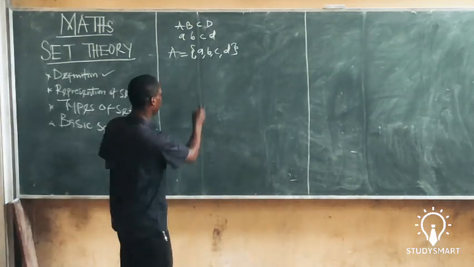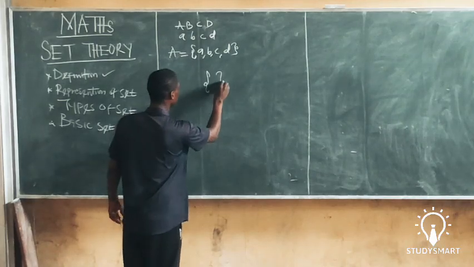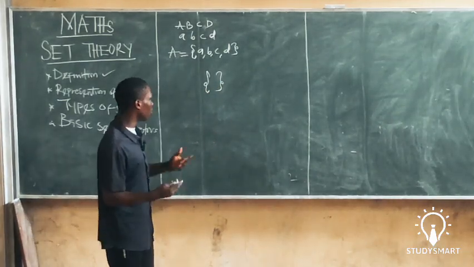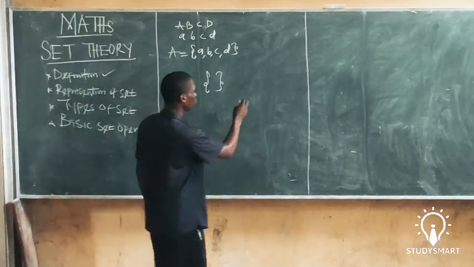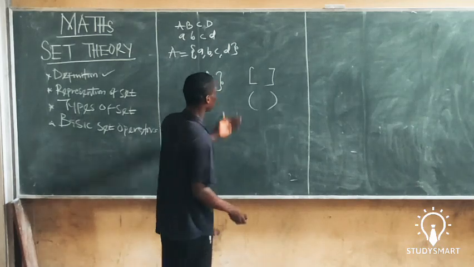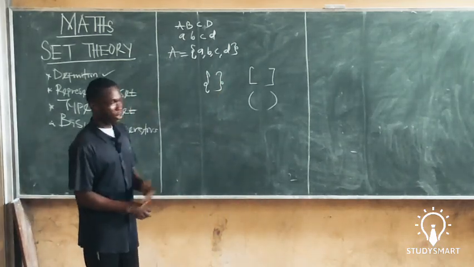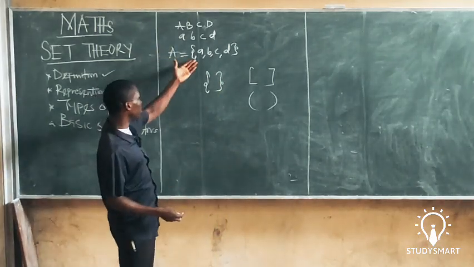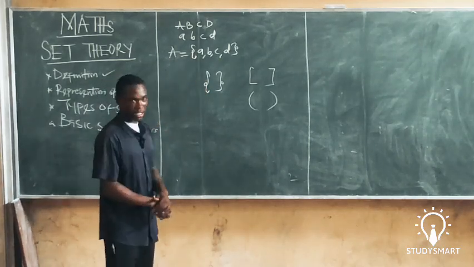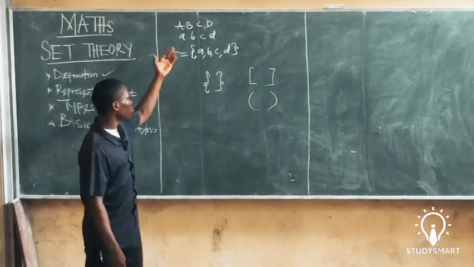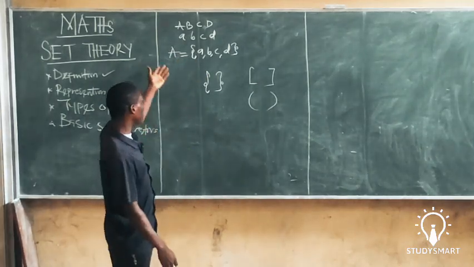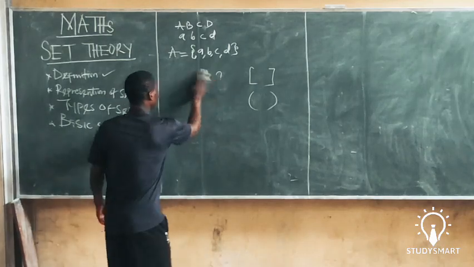It must be curled in this form. That is why it is called a curly bracket. This means that you cannot use other kinds of brackets to enclose a set. So we use curly brackets to enclose the set, and we use lowercase letters to denote the elements, while uppercase letters are used in denoting sets.